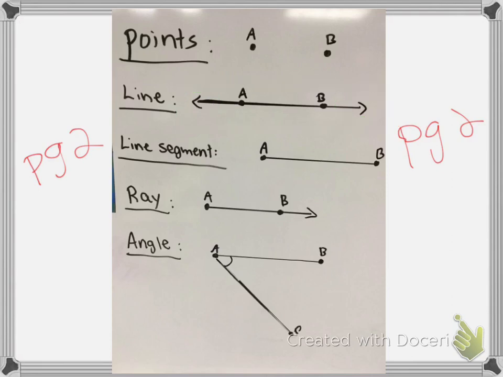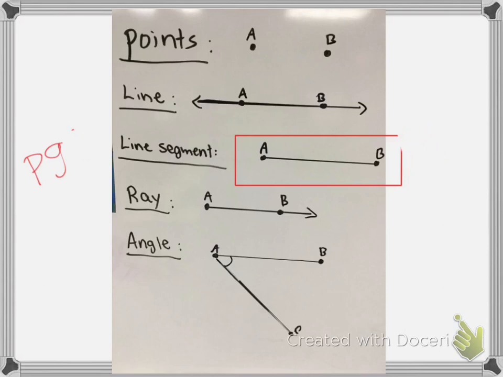When we continue with our line segment, now this is a line which does stop at our points. So a line segment does stop at our points, and you can see here that there are no arrows, and they stop at A and B, our points.